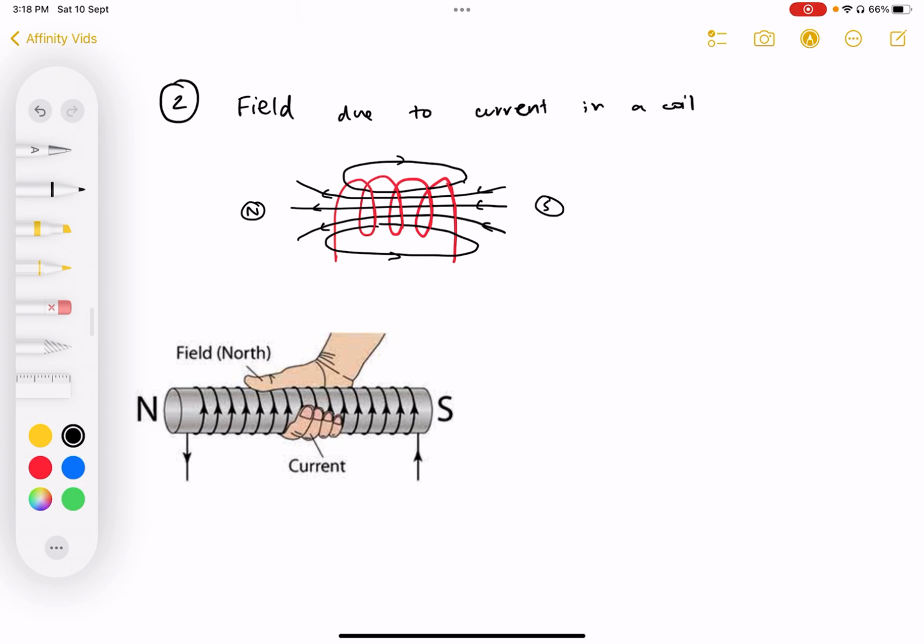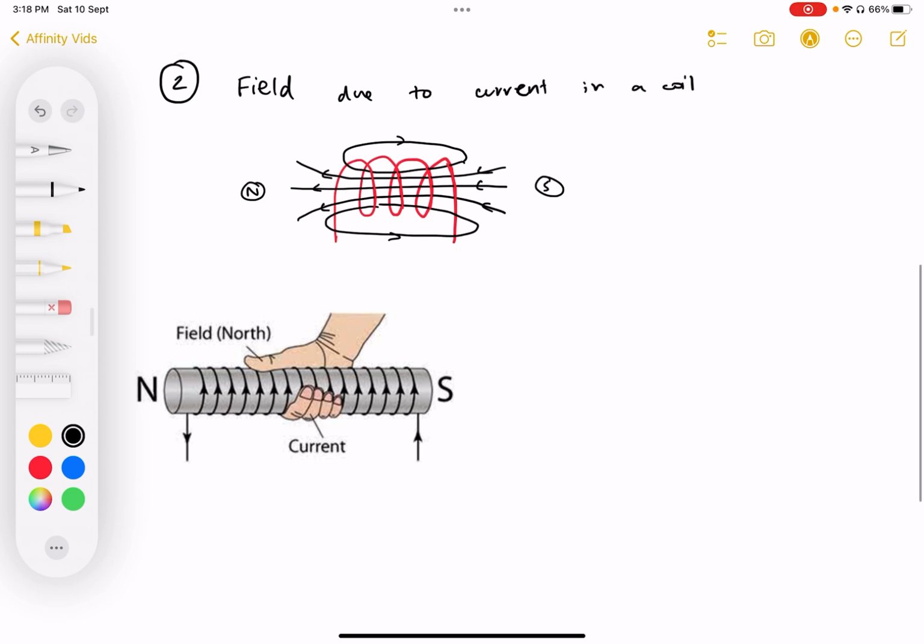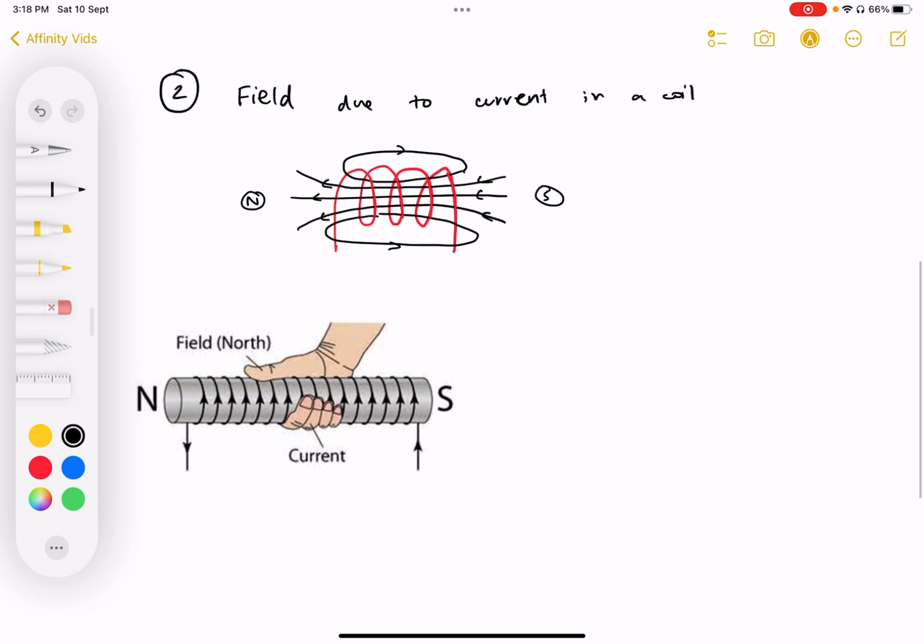In this situation, if we don't know what direction our current is in this coil, what we can do is point our thumb to the left because that's where our north pole is. And the direction that our four fingers are curling in tells us where the current in the solenoid is going.